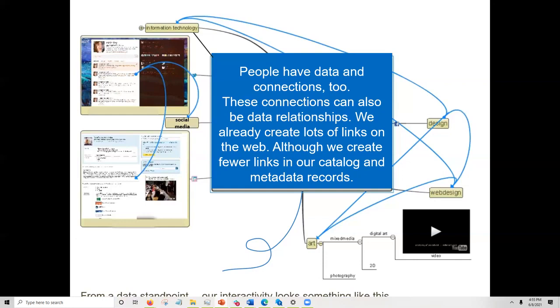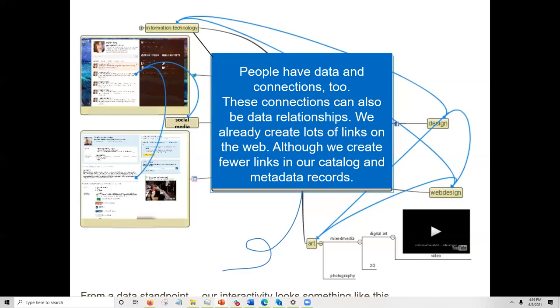Then there was the connection with my social media at the time, and I don't even know which social media that was anymore. My videos were more web design and design stuff, and then my photography, and how those connections happened. What I loved about this, and I was so sad when it went away, but I guess it was because I had to have access to all your social media to do it, is that it shows those connections and data relation points that we have, with all the different identities we create and all the different things that we create on the web.